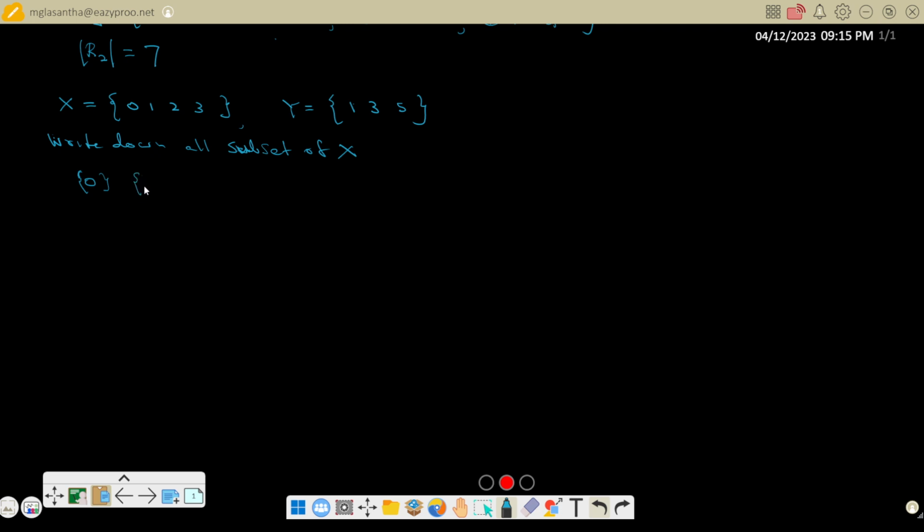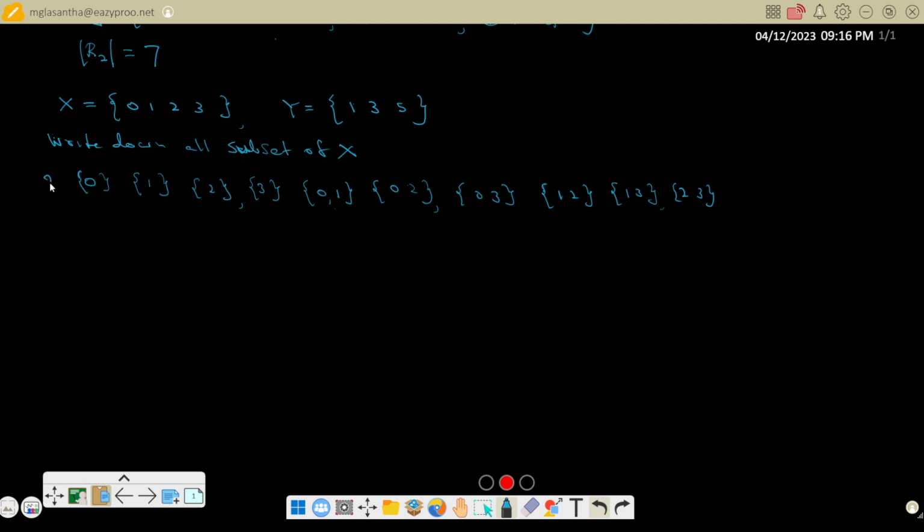If you take 1, this is a subset of X. This one, subset of X. This one, subset of X. All these are subsets of X.